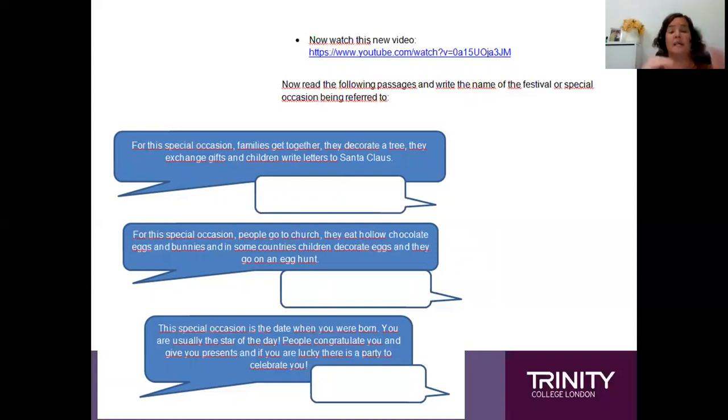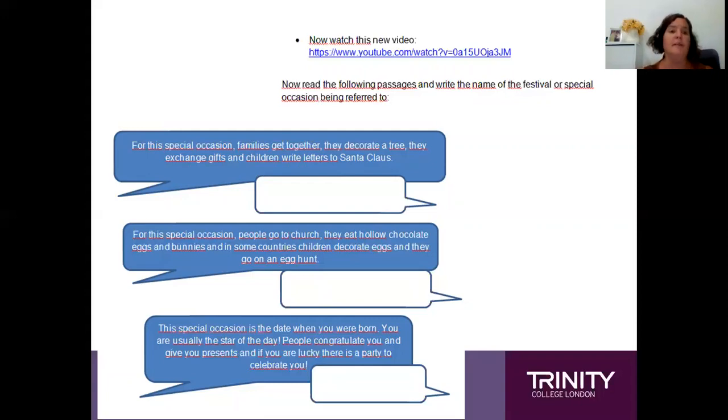And right after the video that students watched, in which they were presented with vocabulary related to celebrations, I gave students the possibility to read some passages where some festivals or special occasions are being described, and using the vocabulary that they were presented in the video, they have to guess.